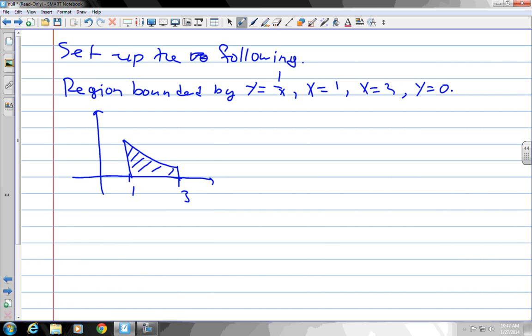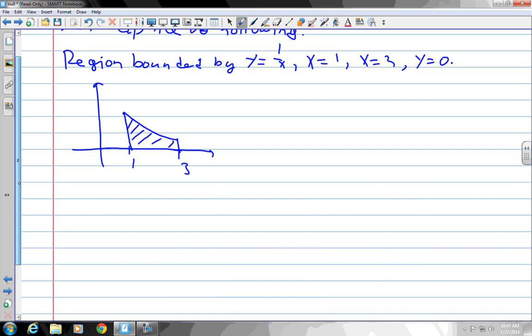So this is the region. So rotate around the x-axis.